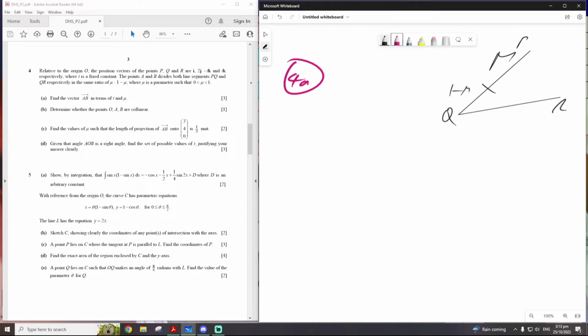And this part, QR, this part is mu, and this is 1 minus mu. Be very careful with the wording. So let me just make that a bit neater. Let's say I cut it here, and I'll cut it also here. So this is mu, and this is 1 minus mu, and this is mu, and this is 1 minus mu. Okay, join the points together so that I get here, this is A, and this is B.